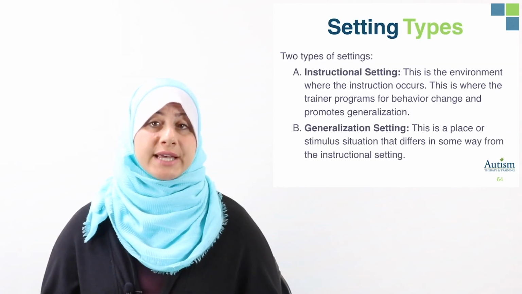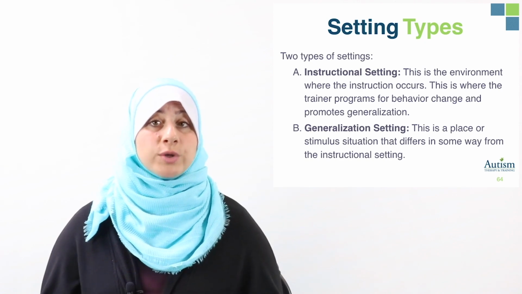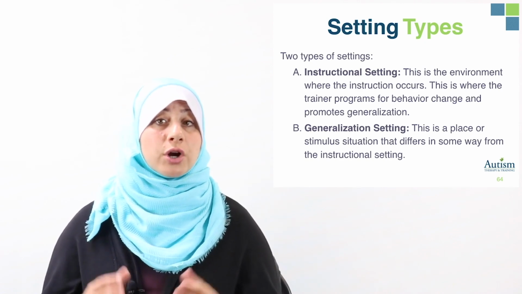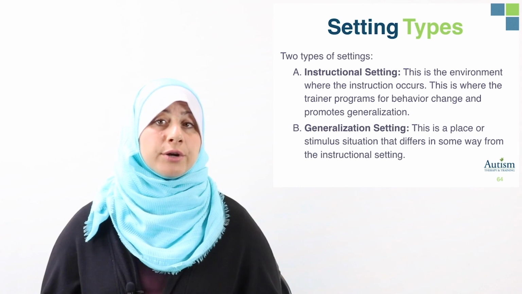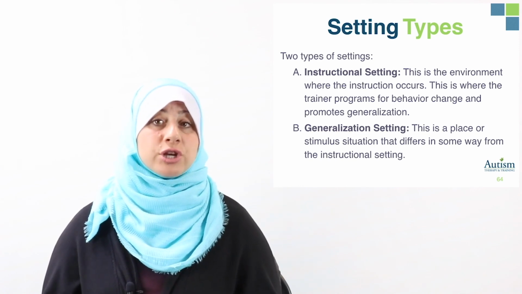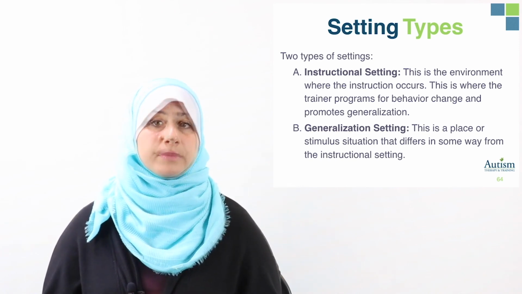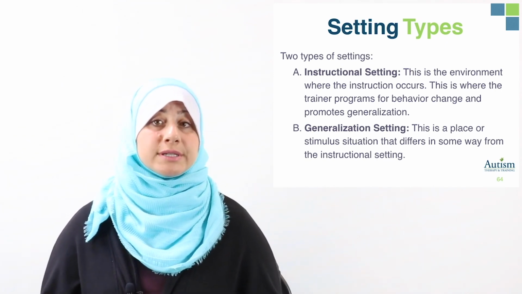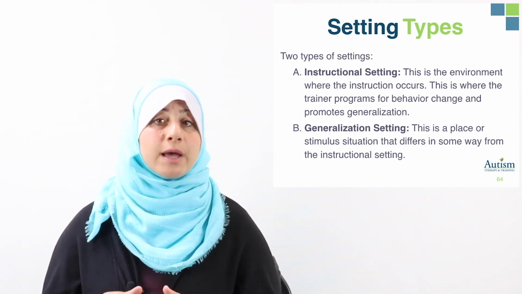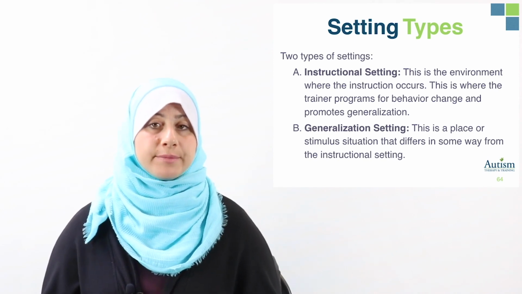There are 2 types of settings. The instructional setting, which is the environment where the instructions occur. This is where the trainer programs for behavior change and promotes generalization. Generalization setting. This is a place or stimulus situation that differs in some way from the instructional setting.